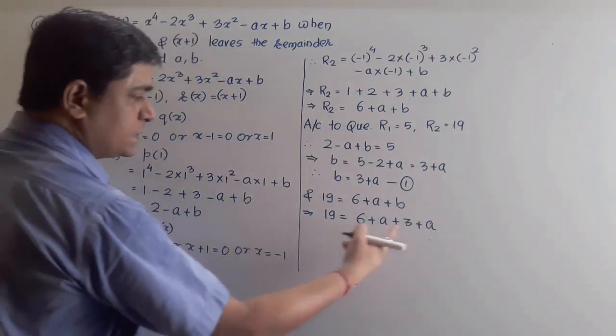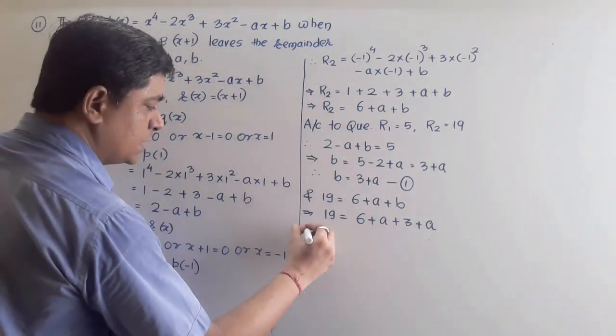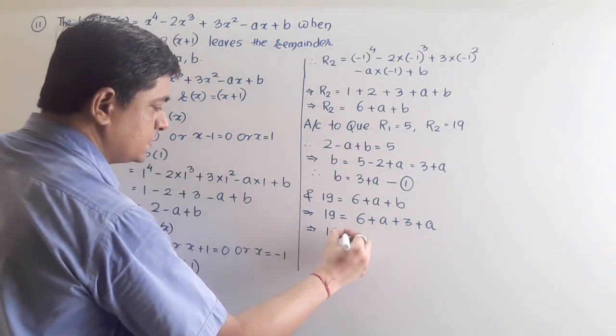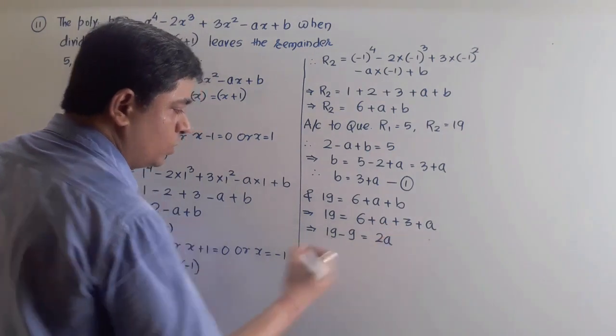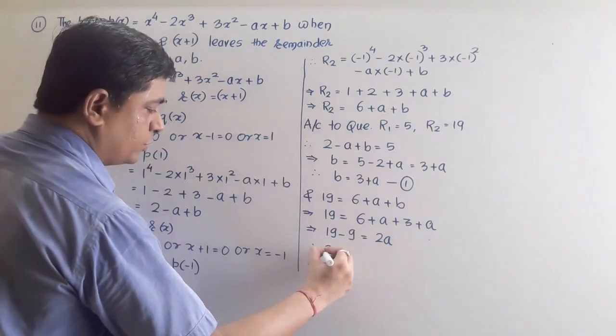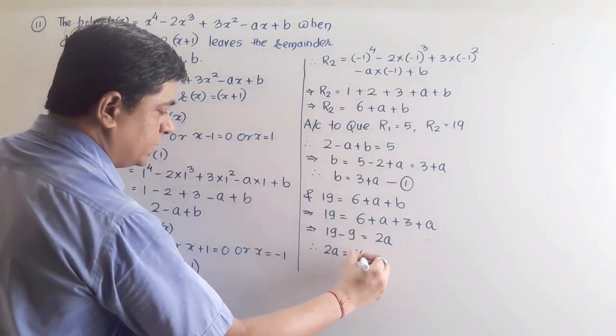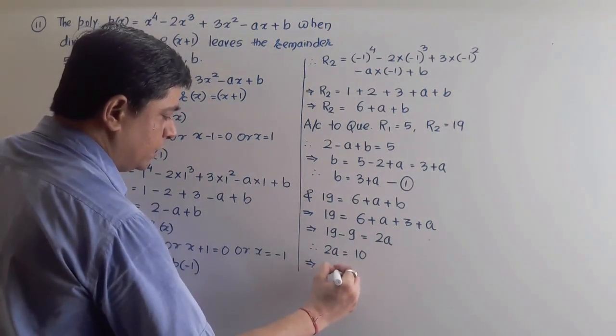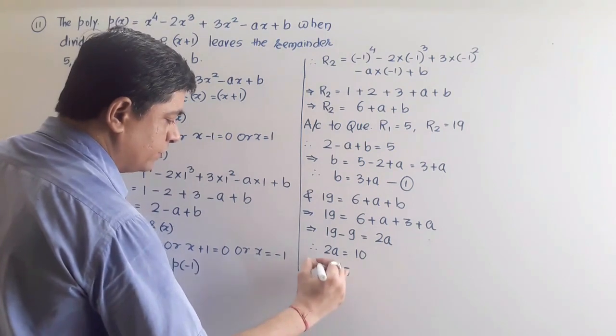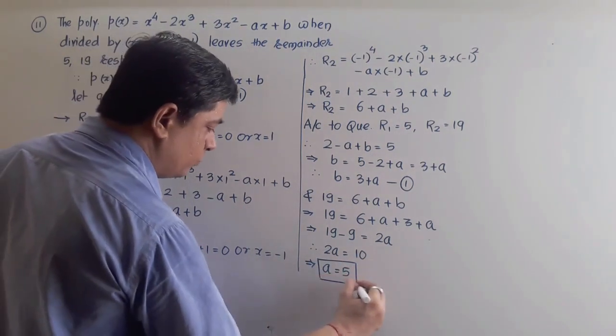So 6 plus 3 is 9, and 9 you can bring to this side. So 19 minus 9 will be equal to a plus a, which becomes 2a. So we can say 2a will be equal to 10. Therefore, what is the value of a here? The value of a will be equal to 5. This is your first value we got.